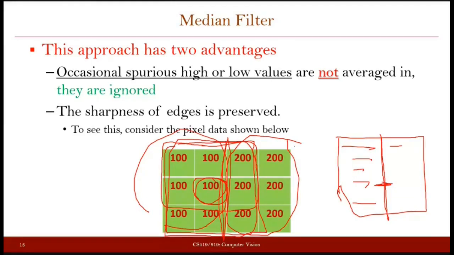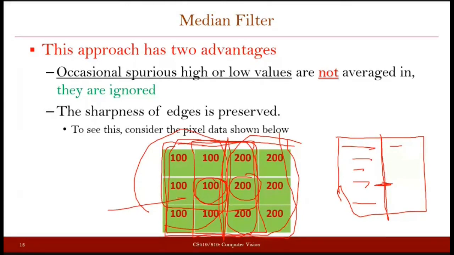Similarly, if you consider another 3 cross 3 neighborhood on this side and compute the value for this central pixel, you will see that you get the same value, 200, for this central pixel also. Since in the majority you have good values, when you are computing the median, it is not dominated by the pixel which has very high intensity.